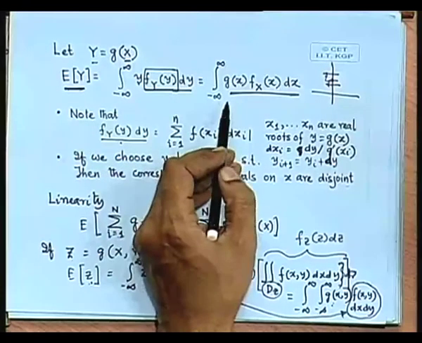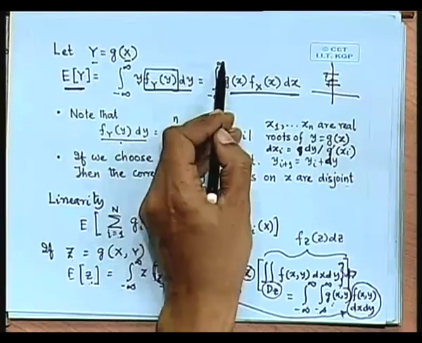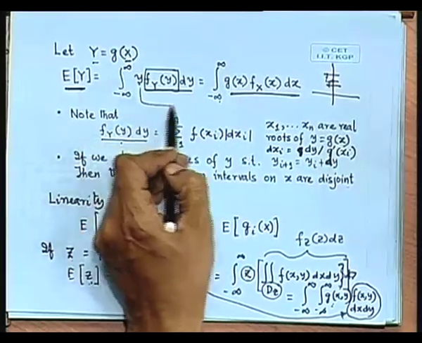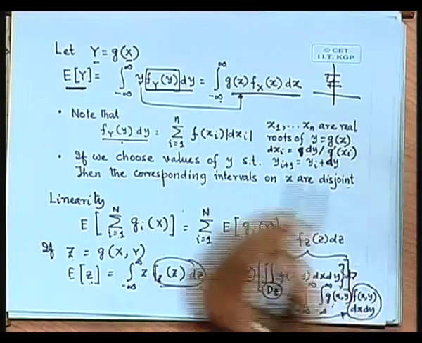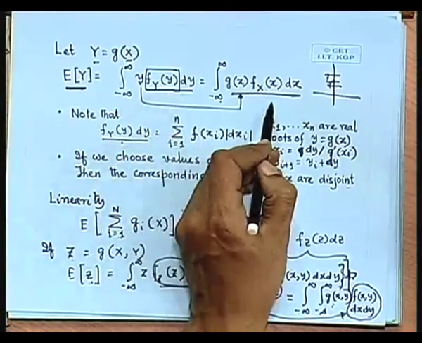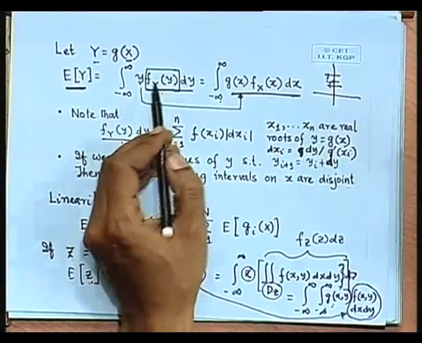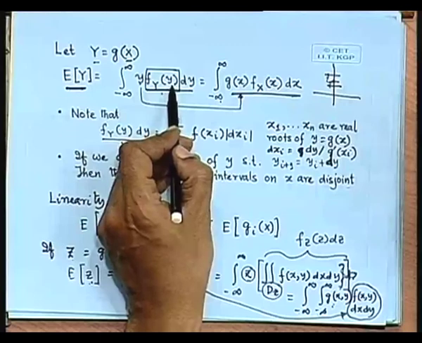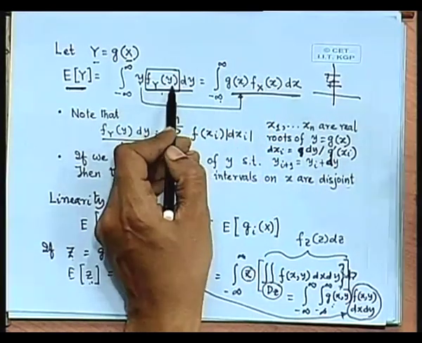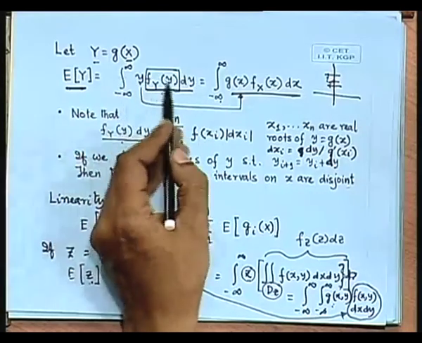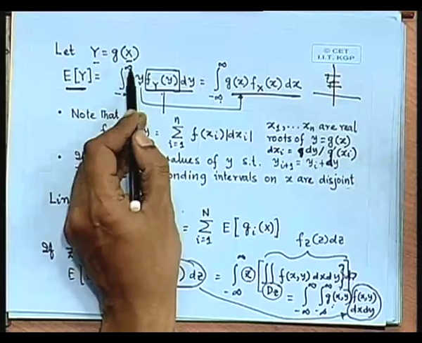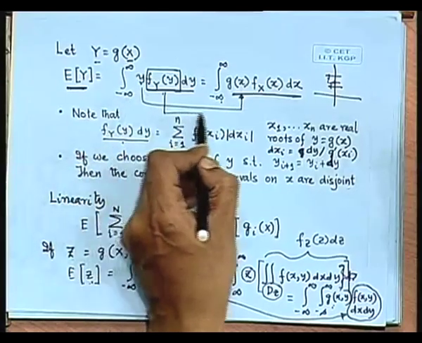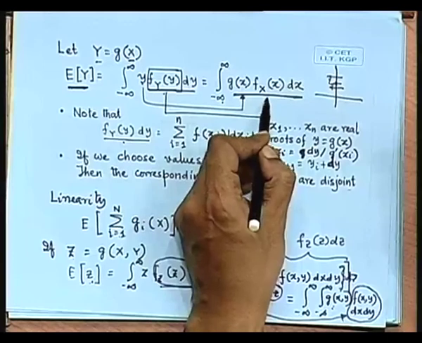It turns out that this is the integral from minus infinity to plus infinity of g(x), since y becomes g(x). We want to express this integral in terms of x. And what is fY(y) dy? It is the probability that y stays between y and y plus dy. Since we are considering all possible values of y, obviously we are also covering all possible values of x.